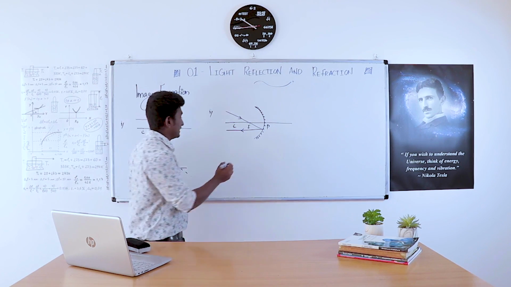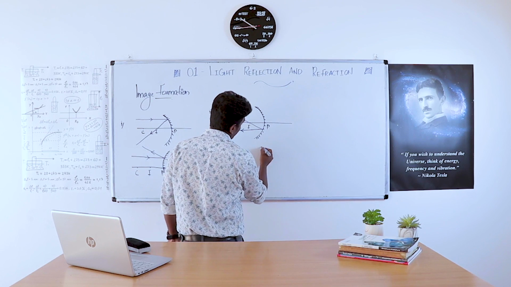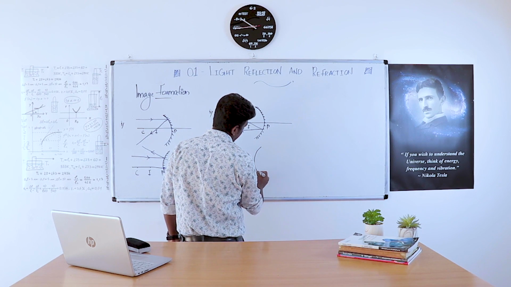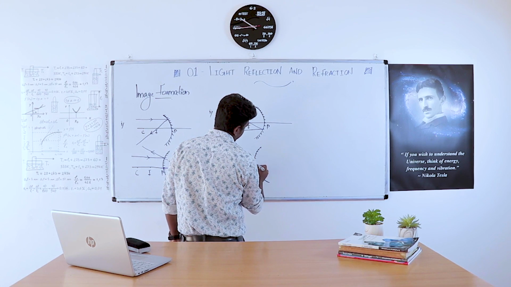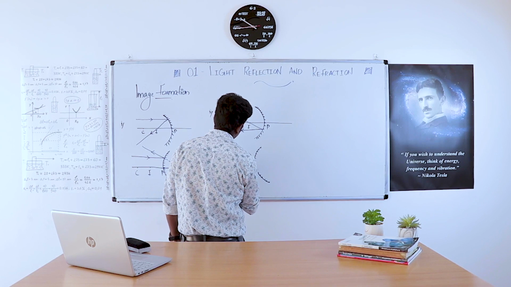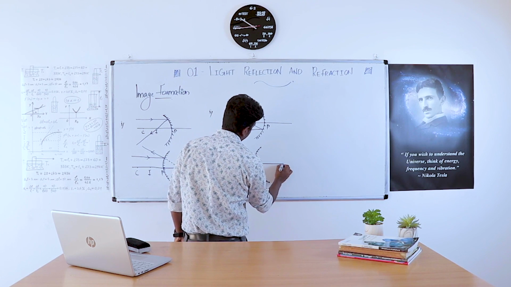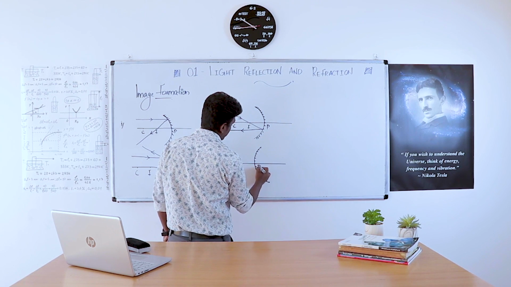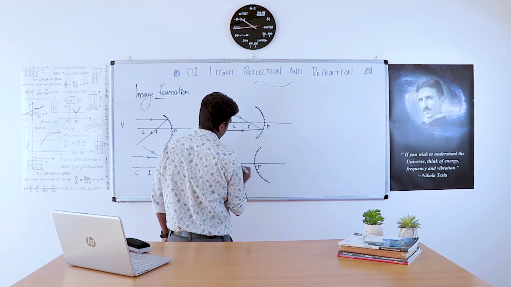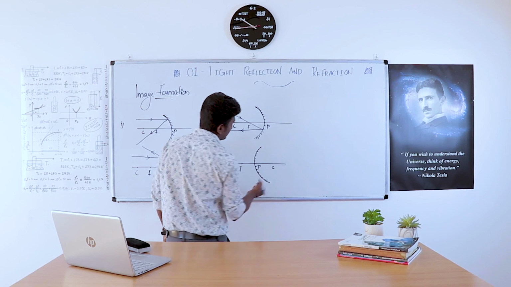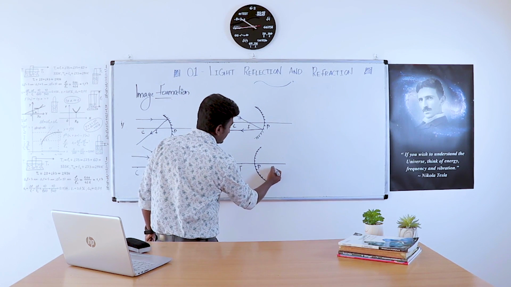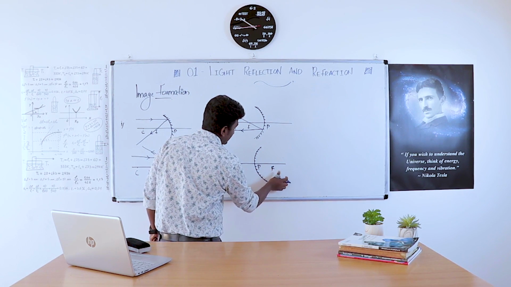Okay. Now we consider the case of a convex mirror. This is the convex mirror. Pole, focus, center of curvature. This is the focus behind the mirror.